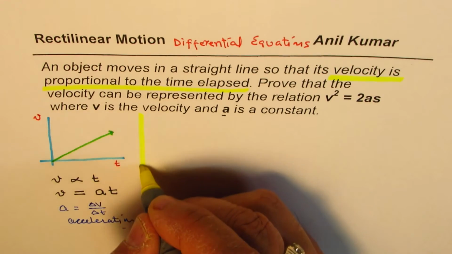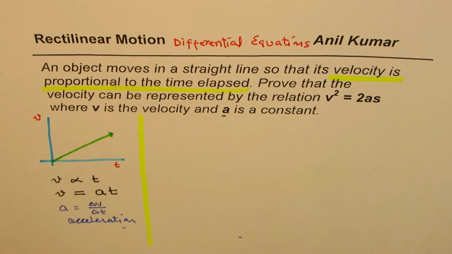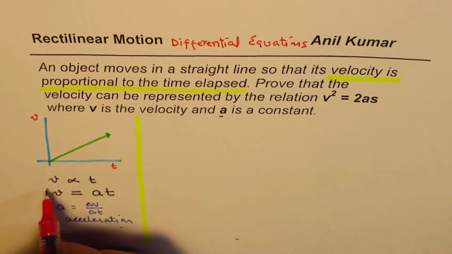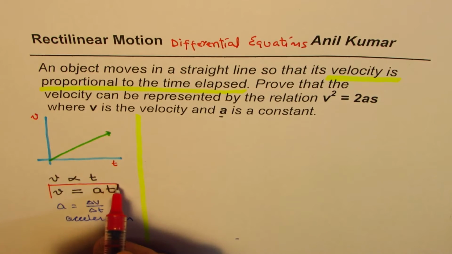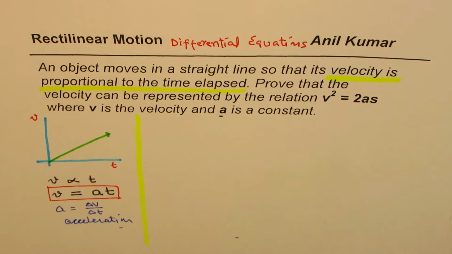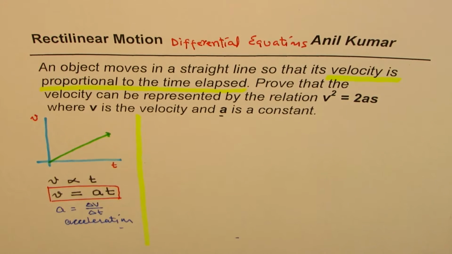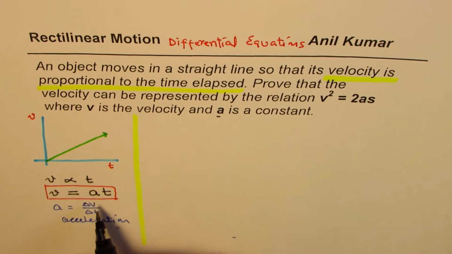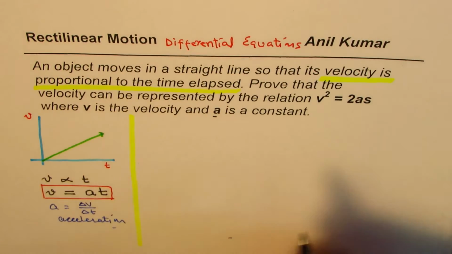It really represents acceleration under these circumstances, right? So v equals at is a standard equation which we normally use in physics to relate velocity with acceleration and time. Okay, so let's move forward from here and see how we derive this using calculus.